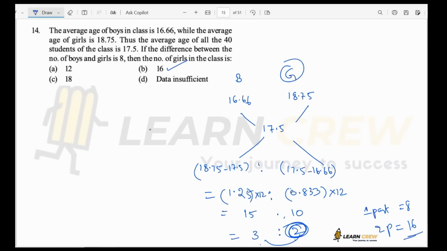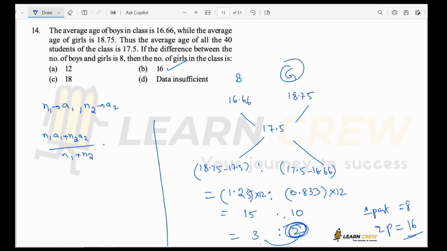If you want to do it traditionally, then see, N1 persons' average age A1, N2 persons' average A2, then the combined average is N1 A1 plus N2 A2 by N1 plus N2.